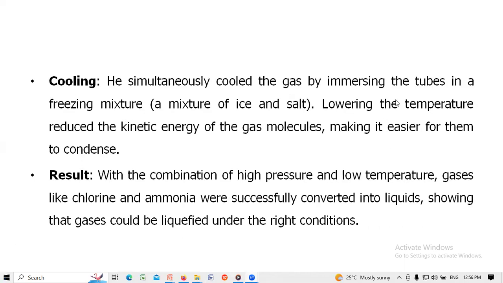Cooling, he simultaneously cooled the gas by immersing the tubes in a freezing mixture of ice and salt. Lowering the temperature reduced the kinetic energy of the molecules, making it easier for them to condense. With a combination of high pressure and low temperature, gases like chlorine and ammonia were successfully liquefied under the right conditions.